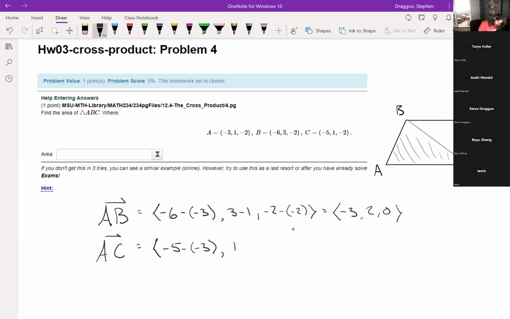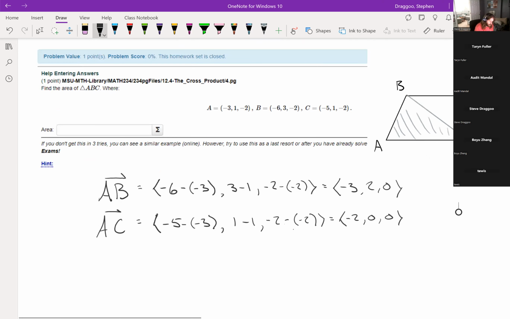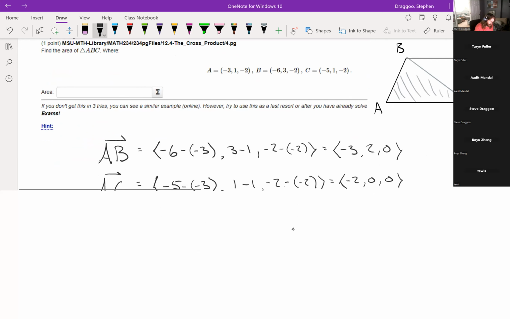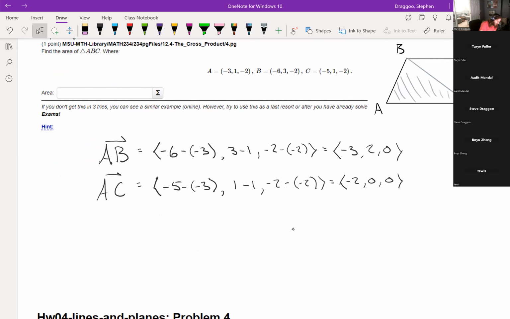And then I'll have 1 minus 1 and -2 minus -2, giving me the new vector -2, 0, 0. So those are the two vectors that I then want to take a cross product of. So let's get that cross product.